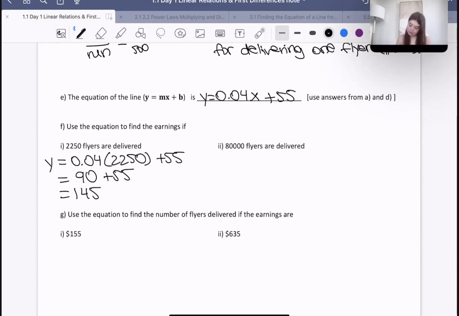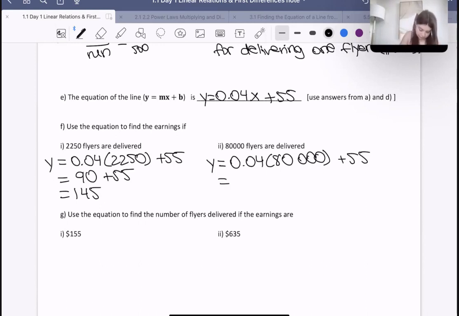All right, what if 80,000 flyers are delivered? Which, by the way, that's a lot more than 2,250, so she's probably going to make a lot more money, even though it's only 4 cents per flyer. That's a lot of flyers. That would take a very long time. That's going to be a lot of neighborhoods for sure. So that's $3,200 plus the $55.